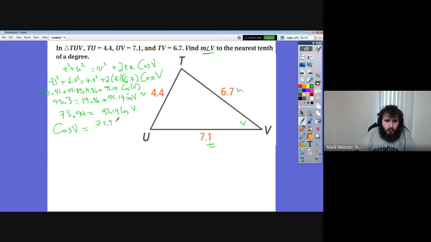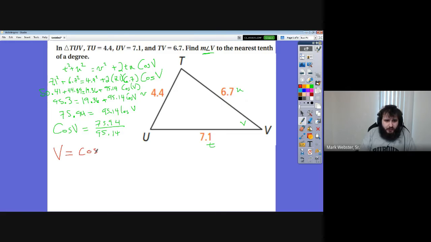And again, don't try and actually do the division and get the ugly number that results, because you're going to be putting this in the calculator anyway, right? Why bother? So you're going to also take the inverse cosine of both sides, because we actually want to crack it open and find the value of the angle.